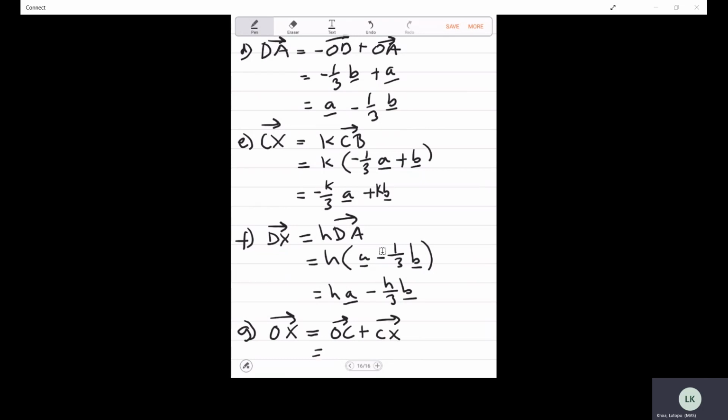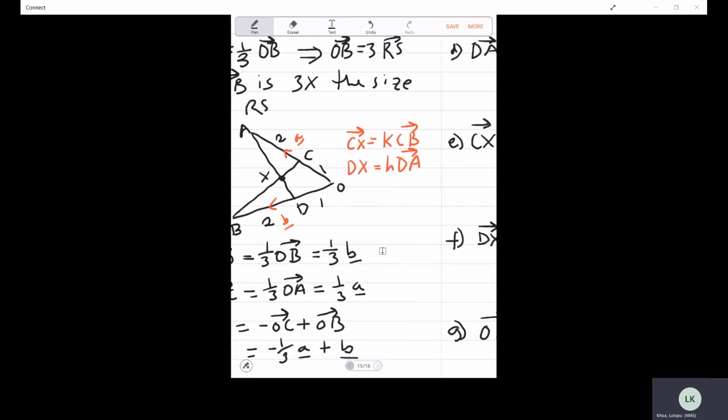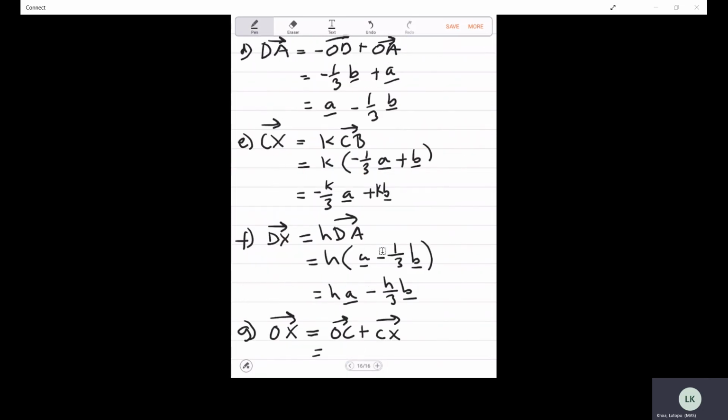Okay, so OC we said is 1/3 A, and then CX, this is minus K/3 A plus KB. Okay, and then we can simplify this, of course.